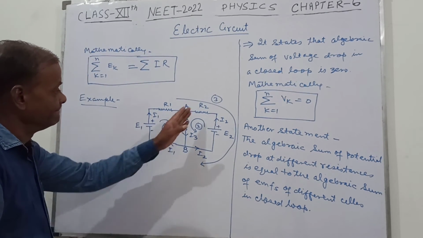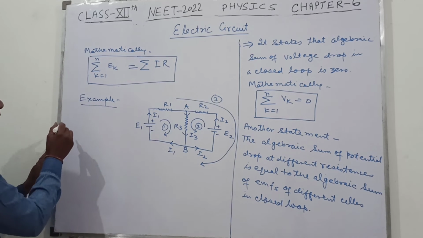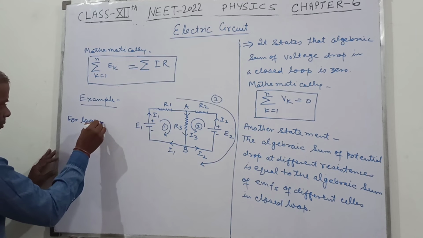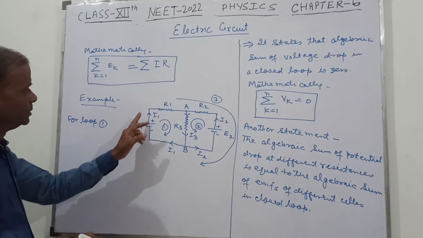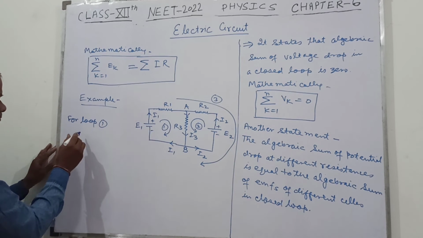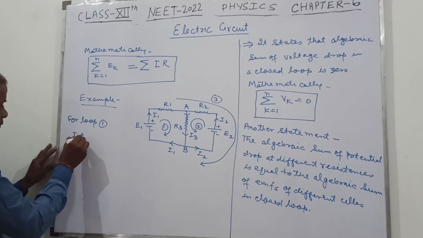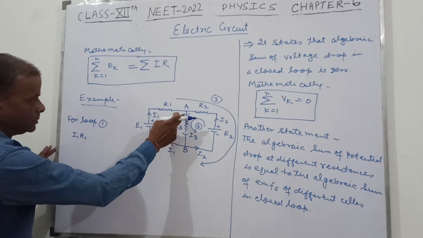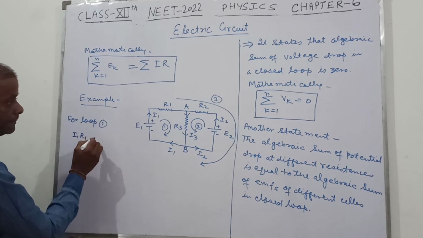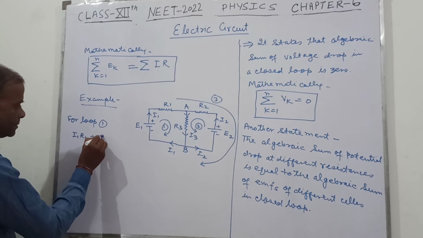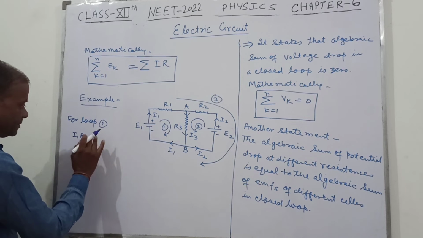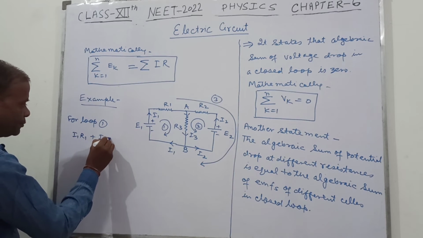So here we can say, for loop 1, this is I1 R1, plus this is I3 into R3.